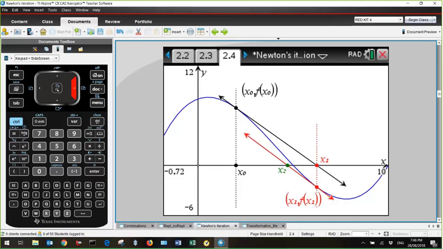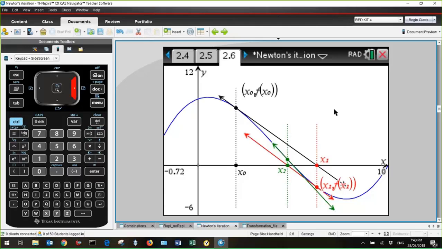So for the next iteration, I take the value of x2 and approximate the graph with the tangent at x2. And this time, certainly on this scale, you can hardly tell the difference. So that's how it works.